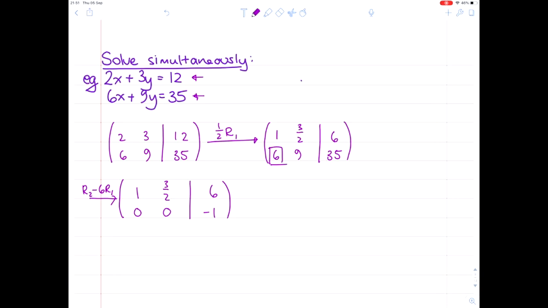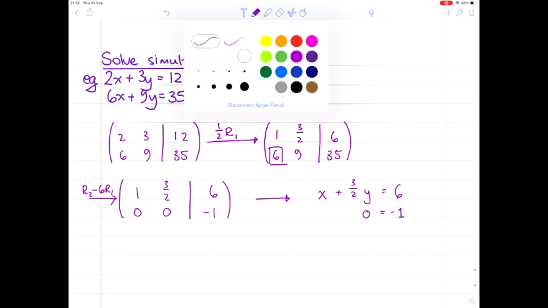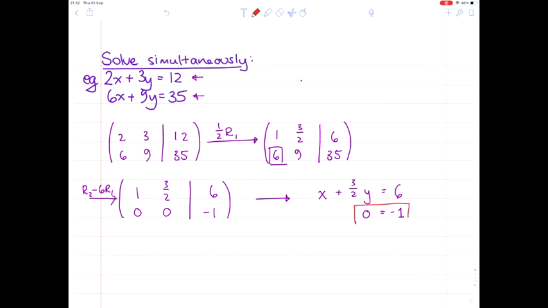And remember, if we think about what equations this augmented matrix represents, it represents the equation x plus 3 over 2 y is equal to 6, which is fine. But then it also represents the equation 0 is equal to minus 1, which is not fine. This is impossible. So this means we have no solution.